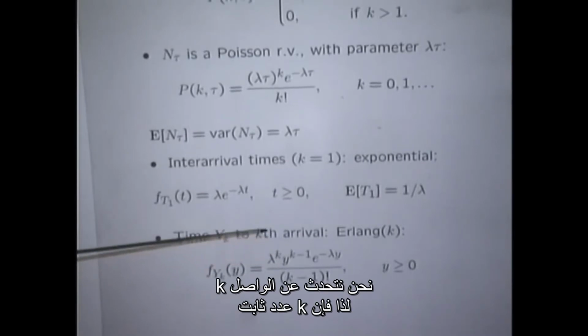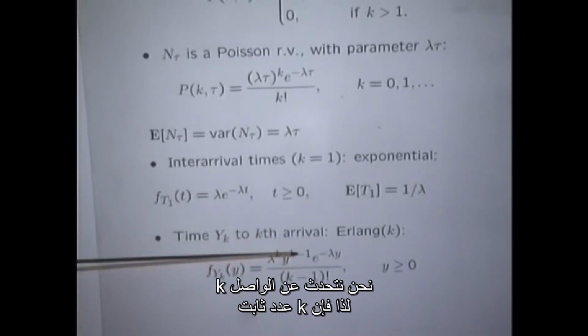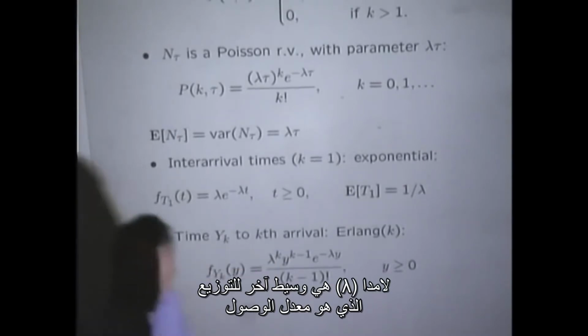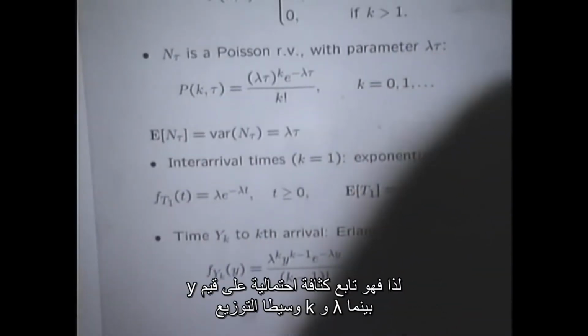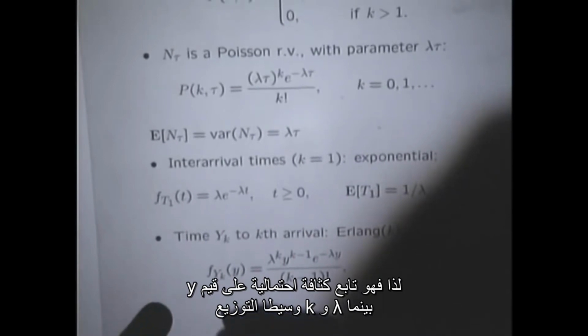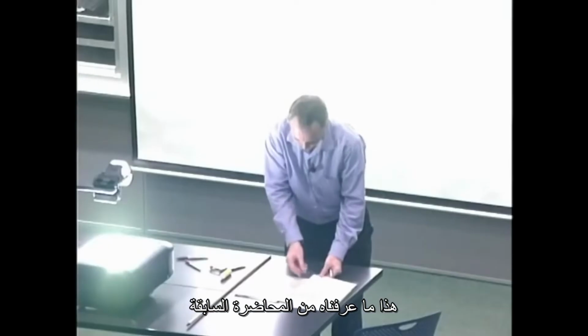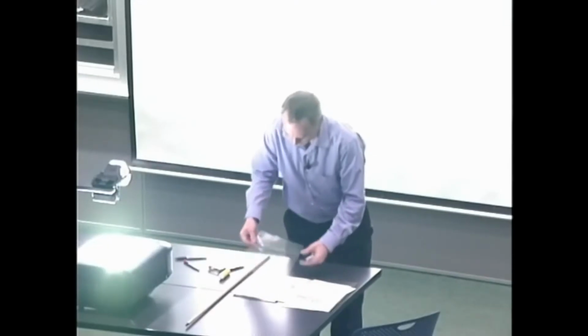We're talking about the kth arrival, so k is a fixed number. Lambda is another parameter of the distribution, which is the arrival rate. So it's a PDF over the y's, whereas lambda and k are parameters of the distribution. Okay, so this was what we knew from last time.